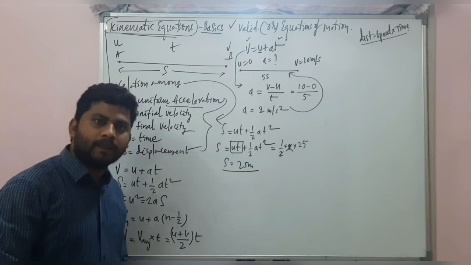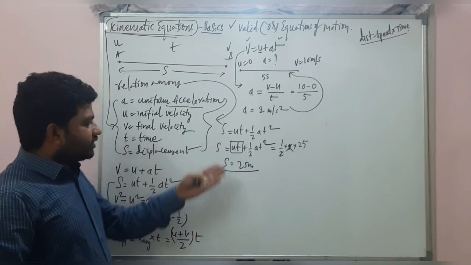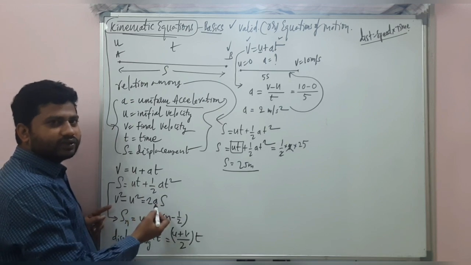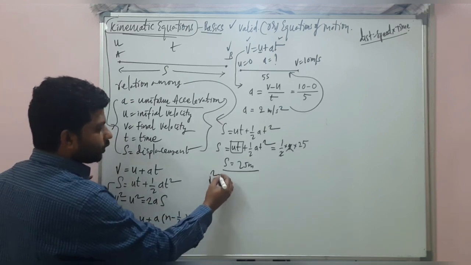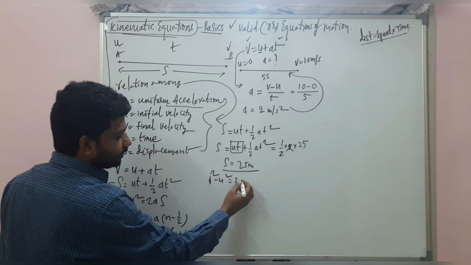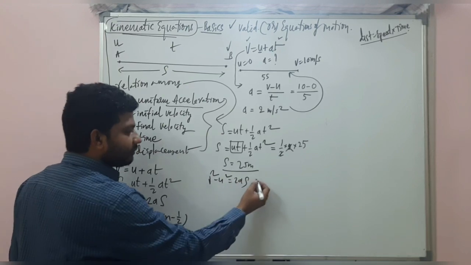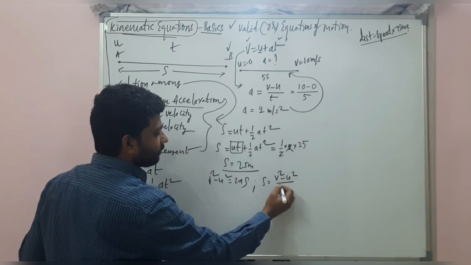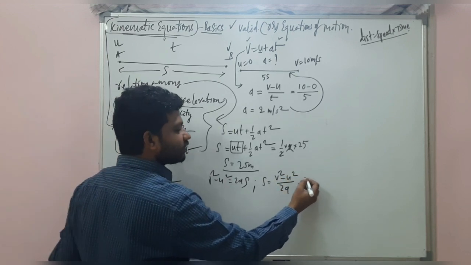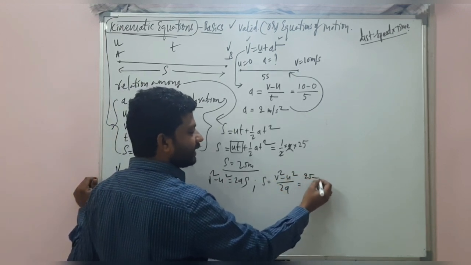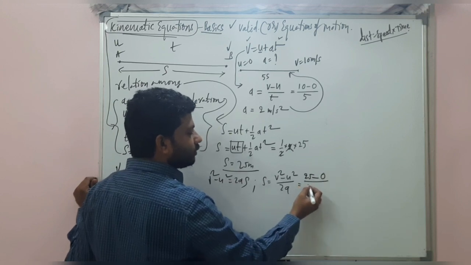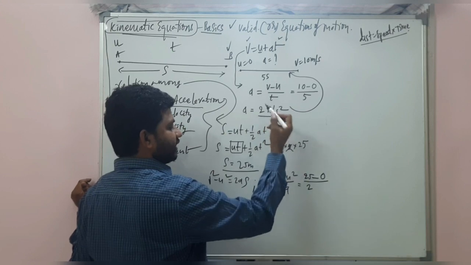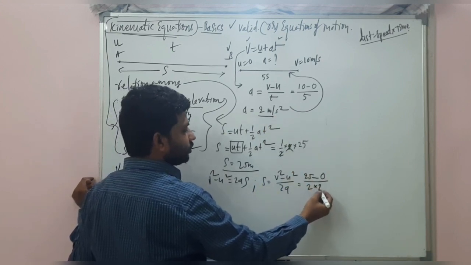Right? Clear? The same you can also find by using the third equation, v square minus u square is equal to 2as. From here, S is equal to v square minus u square by 2a.